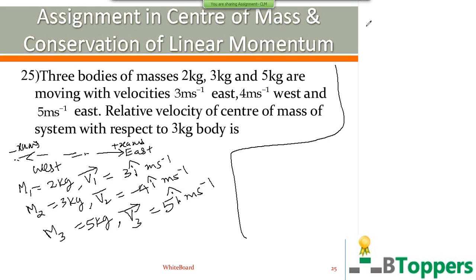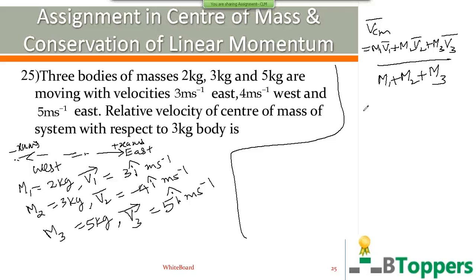So the velocity of the center of mass of the system of the three bodies is given by m1 v1 bar plus m2 v2 bar plus m3 v3 bar by m1 plus m2 plus m3. You can copy this down and complete the simplification yourself.